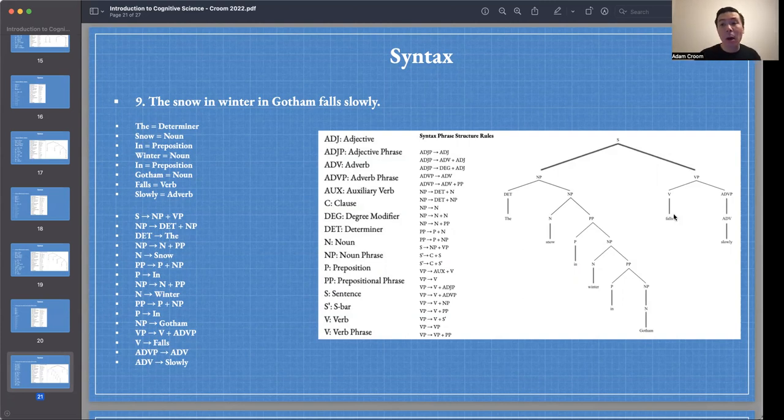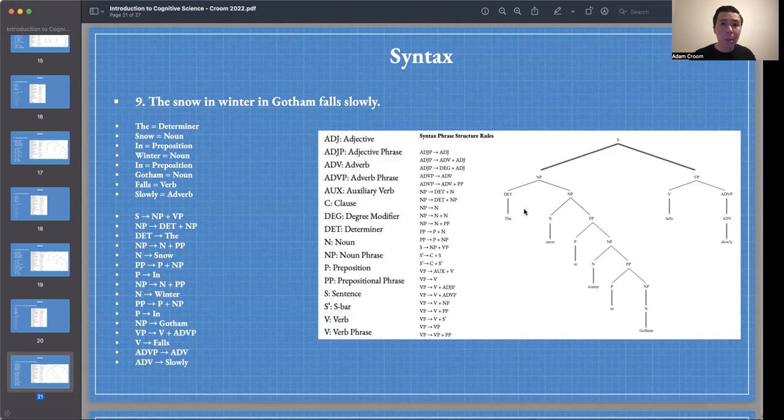I'll then focus on that clauses underneath the VP, which also highlights the productive nature of language, okay? So we see that the S takes a NP and a VP. The thing that we want to focus on for this slide is what's going on underneath the NP, okay?